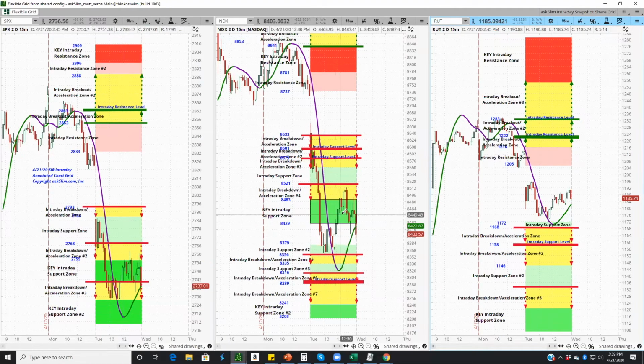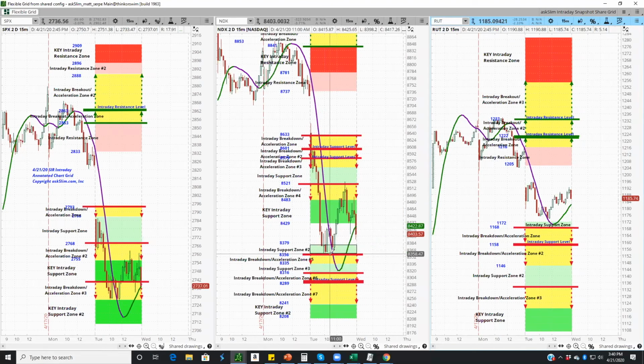Okay, and now I'm going to come over to the NASDAQ to see if there's anything else in here. Many of you probably noticed I came out and did a follow-up set of areas today because the NASDAQ was more extreme in terms of that downside pressure this morning, and actually penetrated through four acceleration zones, even the key intraday support zone.